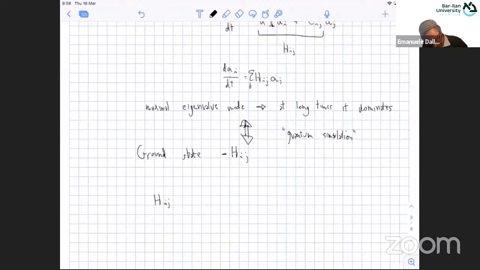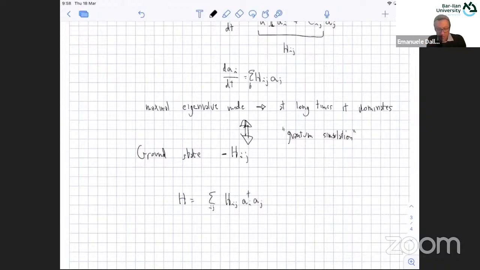The Hamiltonian is a linear system, and there are those couplings, these H_ij. So the Hamiltonian is going to be something like the sum over i,j of H_ij a†_i a_j.